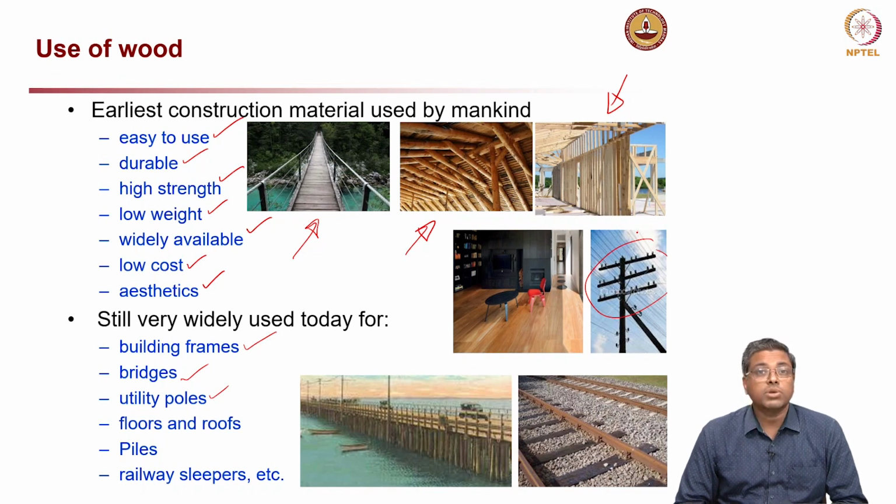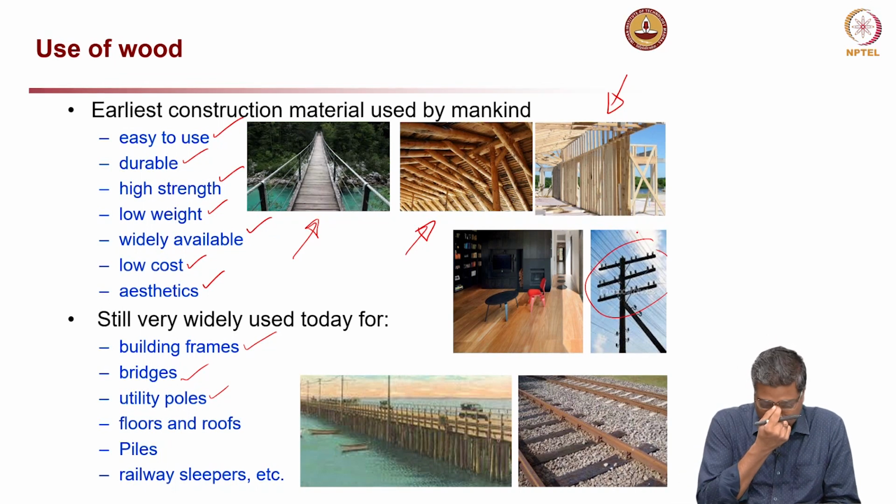Sometimes wood may not be sufficient to handle the load, and at the same time the availability of wood may not be that easy. So, we go for reinforced concrete, and concrete is also being used nowadays.